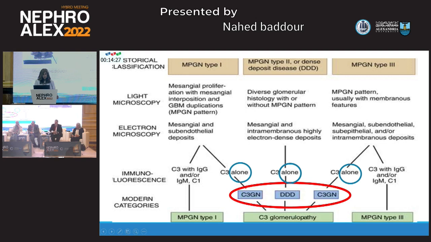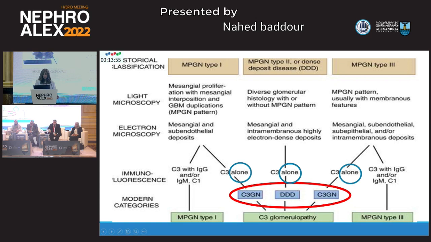Again, this is almost a duplication of the previous slide, a little more detailed, just to highlight that an MPGN type 1 pattern of injury may have activation of the classic pathway to yield an MPGN type 1, or you have C3 deposits alone, and this is considered a form of C3GN.